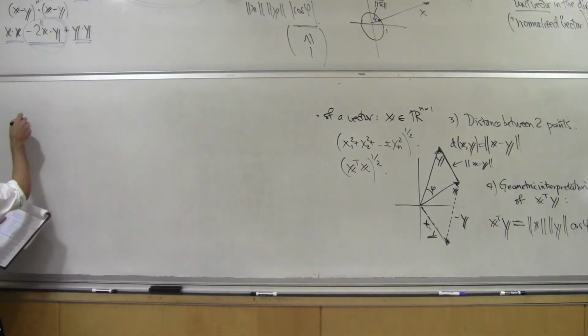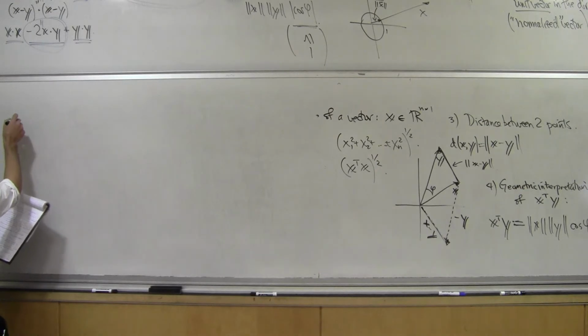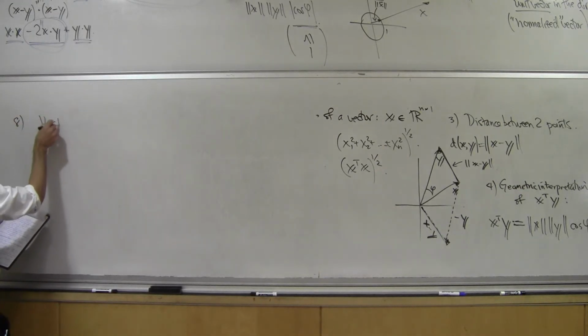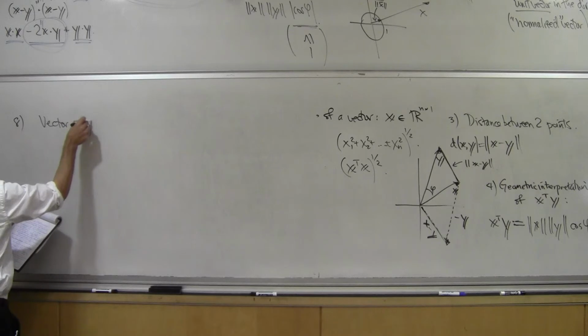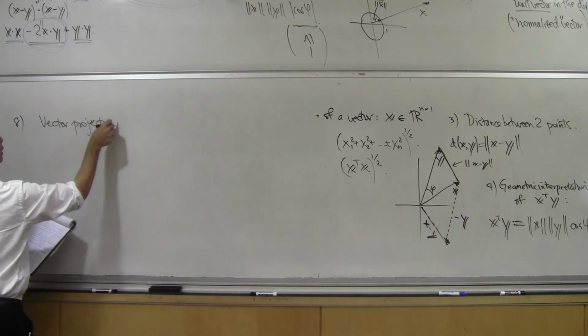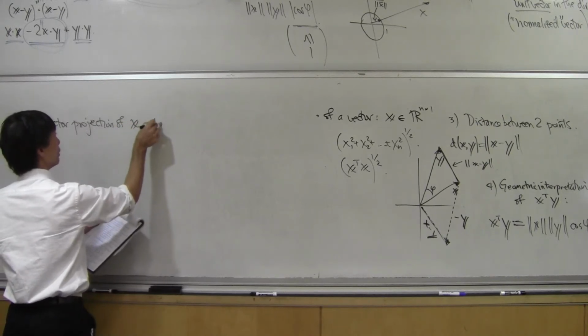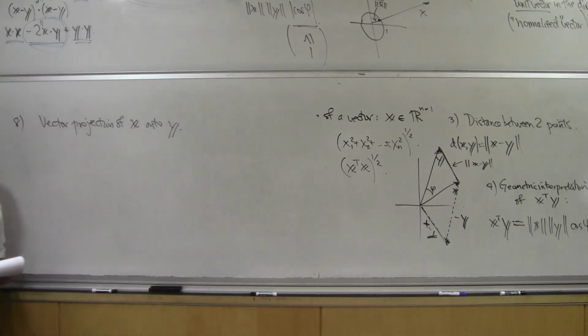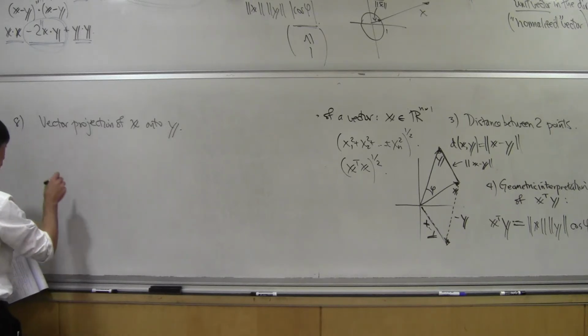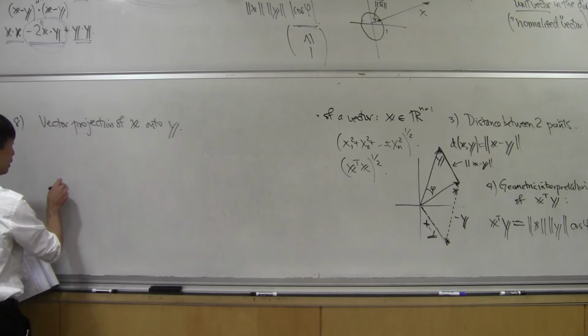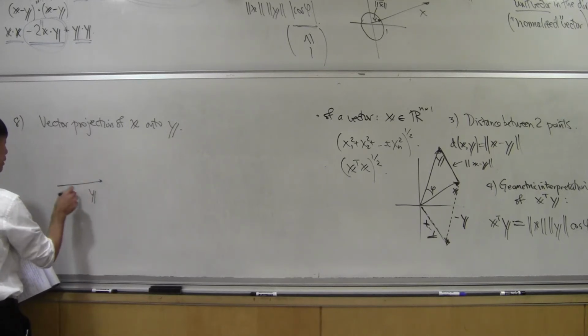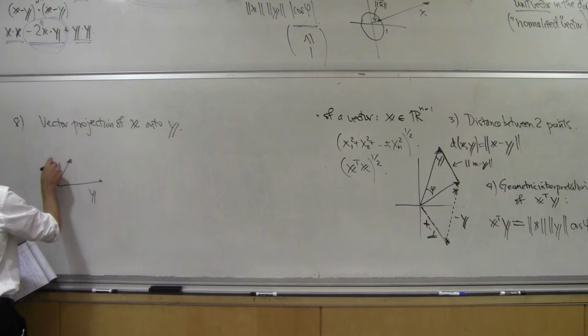The last one is one that some of you haven't seen, number 8: the vector projection. The vector projection of one vector onto another vector, so x onto y. The idea is like this: you have one vector y, and you have another vector x.